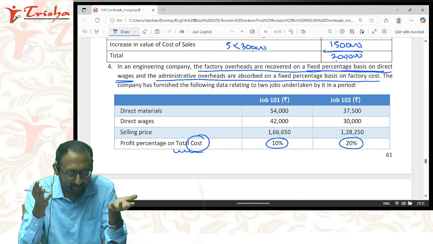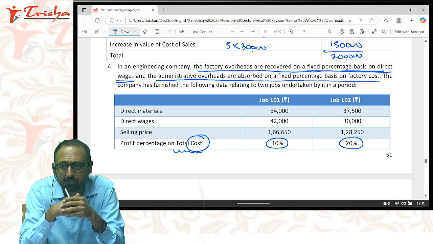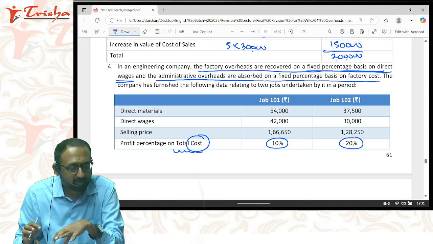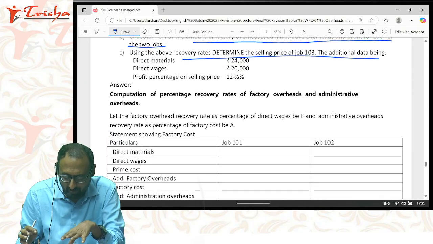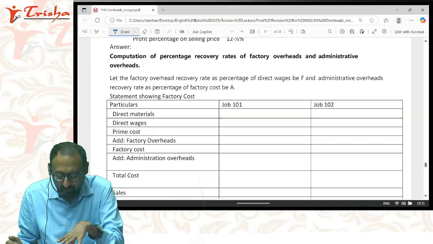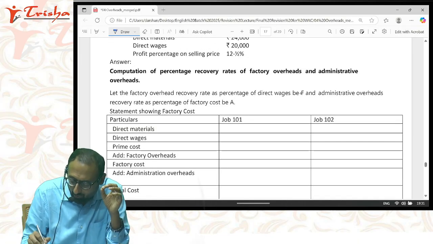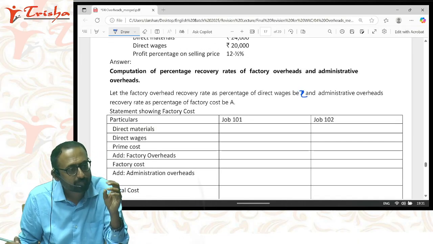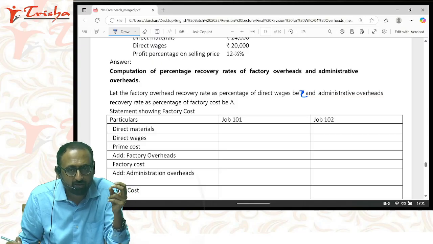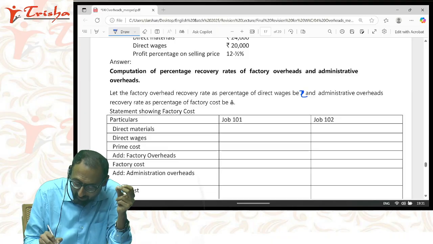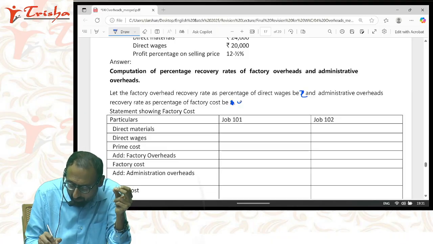We don't know the percentage. Administration overhead is some percentage of the factory cost. So guys, I will assume that the factory overhead rate as X, and administration and selling overhead as Y.